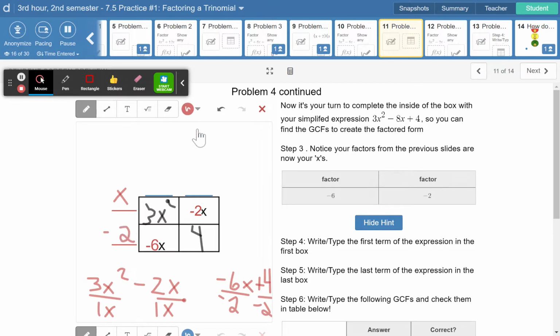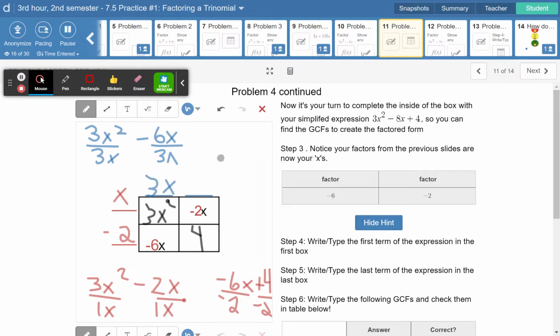And the same applies for the columns. So our first term here was a positive, which is what we need it to be. So then it's going to be a 3x because our first term is positive.